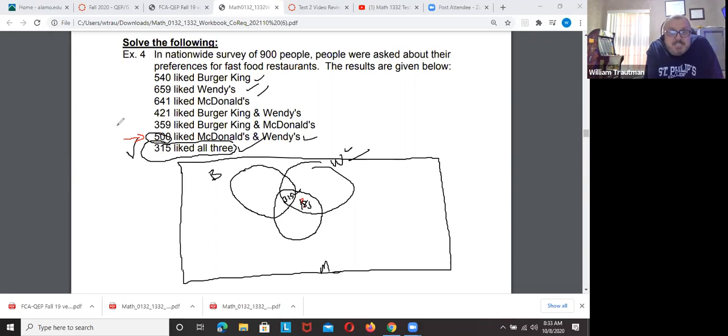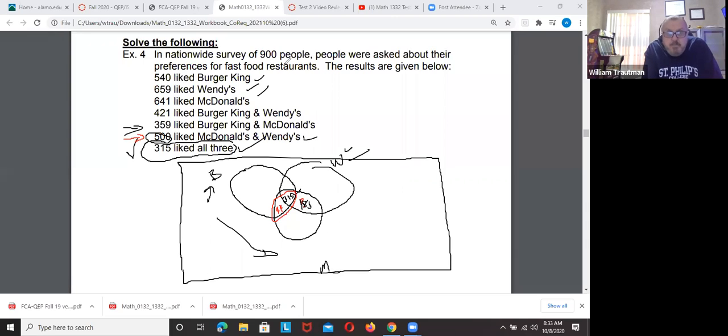Okay, so next, Burger King and McDonald's. That's the red part again, though, that I'm going to do. This is Burger King and McDonald's. It has to add up to 359. But there's 315 already in there. So 359 minus 315, I believe, is 44.